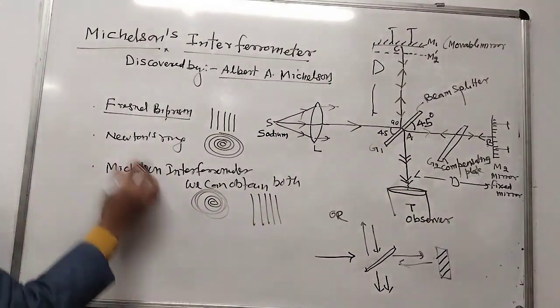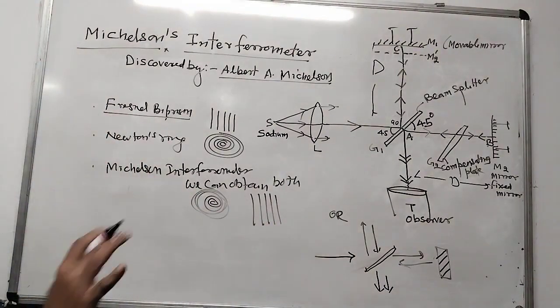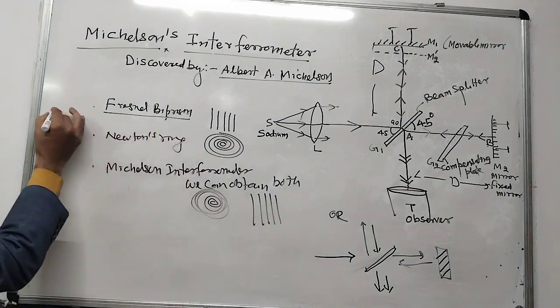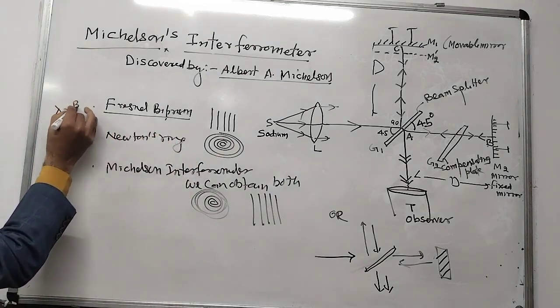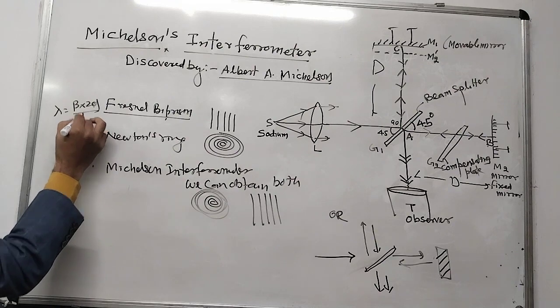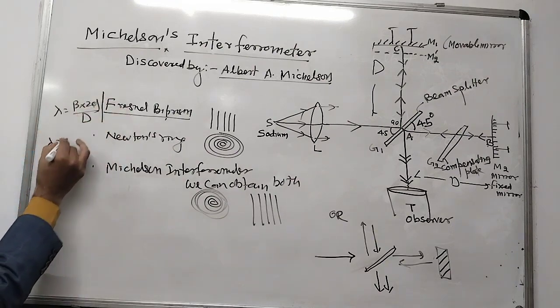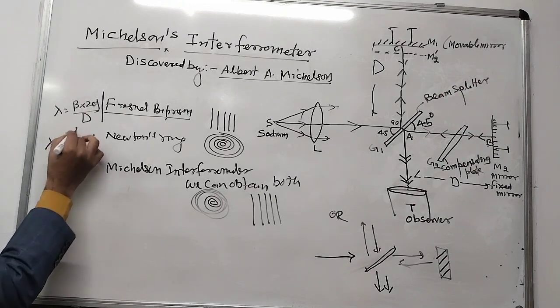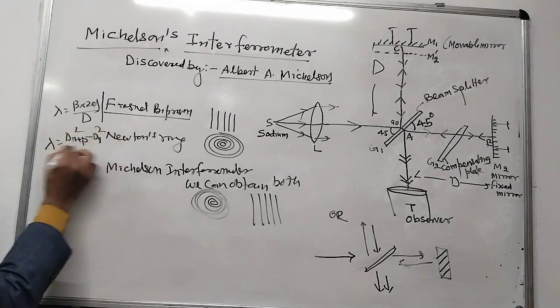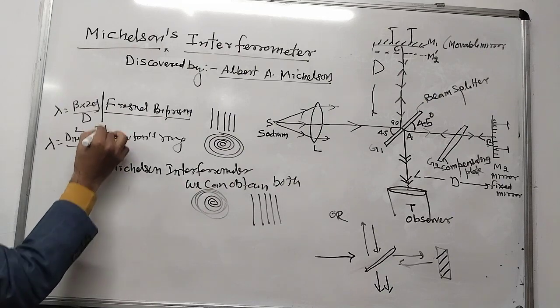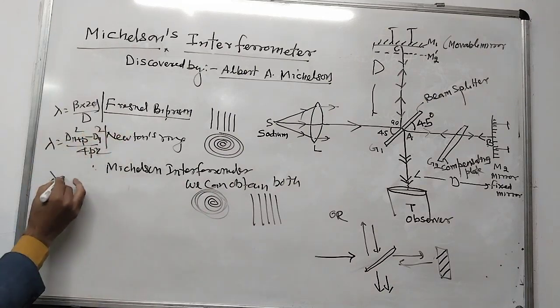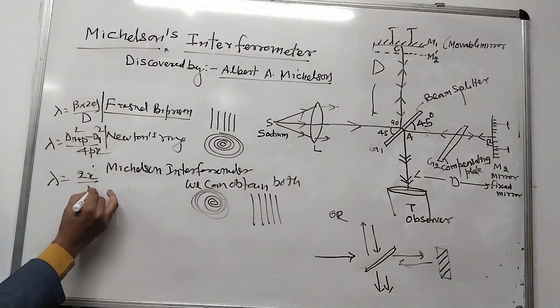So especially, now one can ask about the formulas that we have already covered: lambda equals beta into 2d by capital D. In this case, lambda equals dn plus 1 squared minus dn squared upon 4pr. Now in this we will learn the formula lambda equals 2x by n.